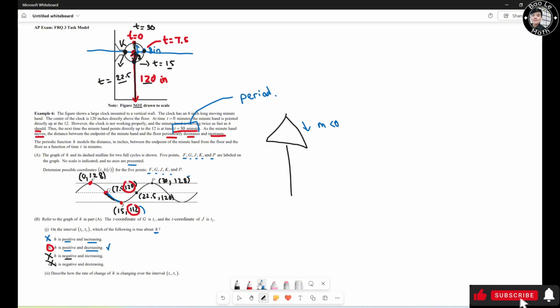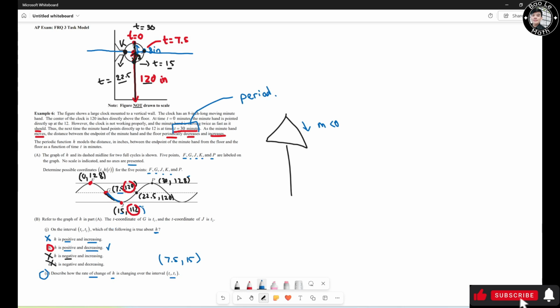Now, this question: describe how the rate of change of the function h is changing over this interval, which means from 7.5 to 15. The interval right here, 7.5 and 15. Now, we look at this one. We see that the function right here is concave up over this interval.